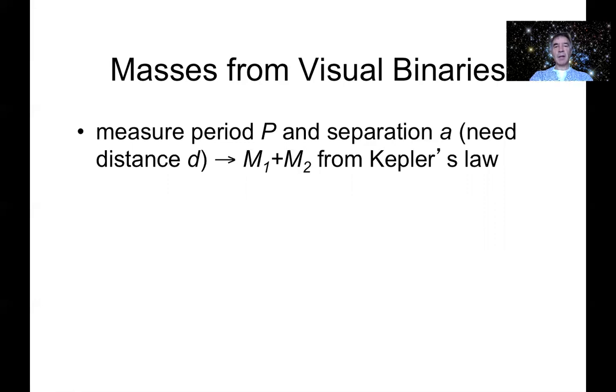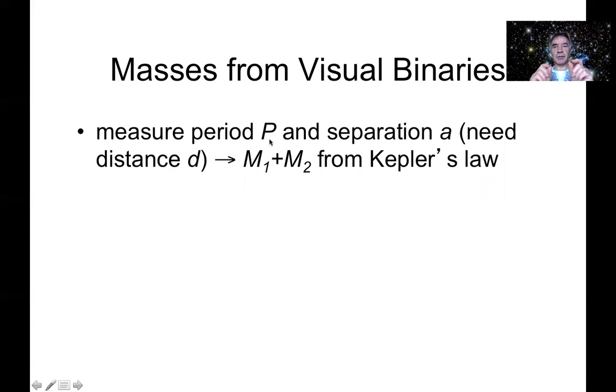Okay, but that can all be done, especially for nearby systems. And basically, most known visual binaries are reasonably nearby in order to get A big enough to separate the two stars. But there's another factor here: if you've got a very wide separation of the two stars, then Kepler's law also tells us that the period is very long.